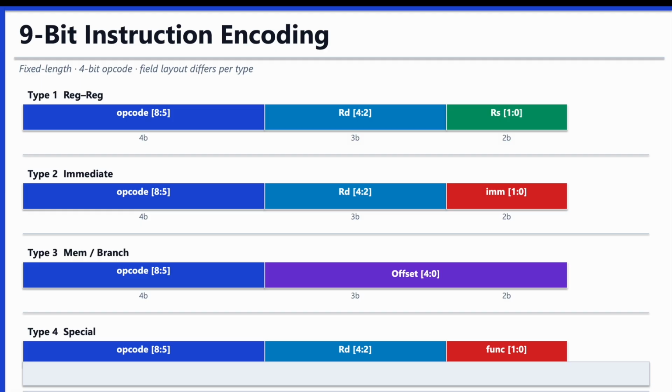After that, we have 4 main types of instructions: register to register, immediate, branch, and special instructions. The register to register would have a 3-bit RD and a 2-bit RS. The immediate would also have a 3-bit RD but a 2-bit immediate value. For branch instructions, all 5 remaining bits will be used for the offset, and for special instructions, we have 3 bits of RD and 2 function bits.